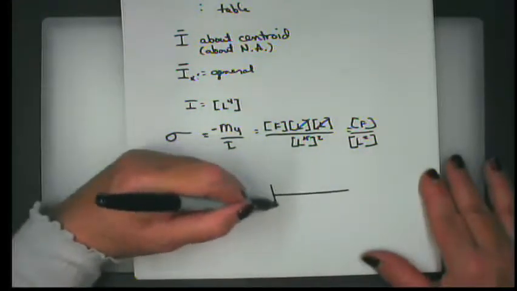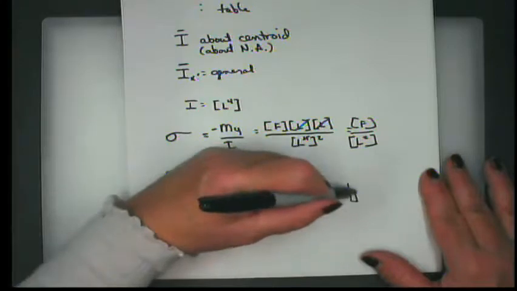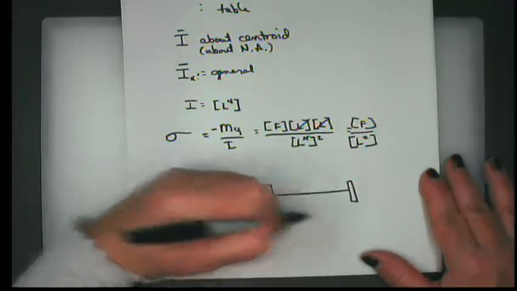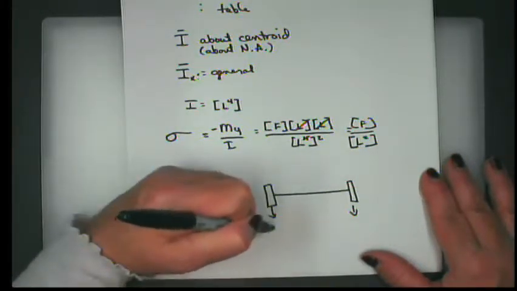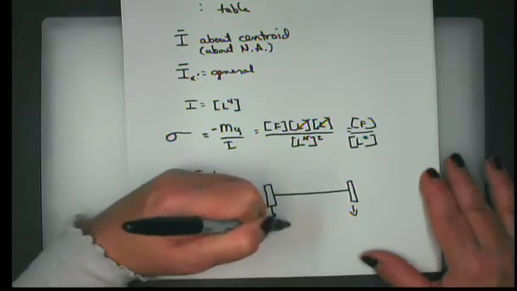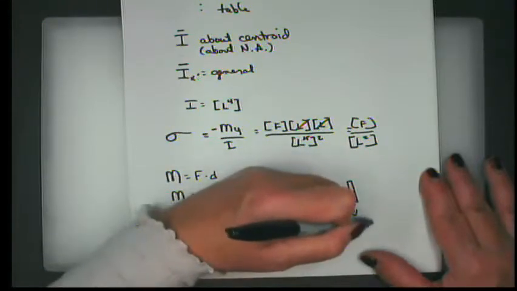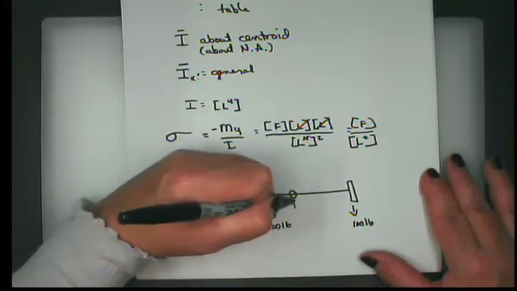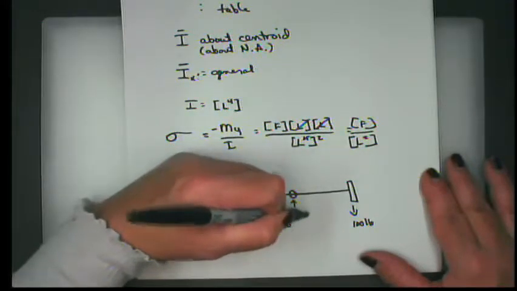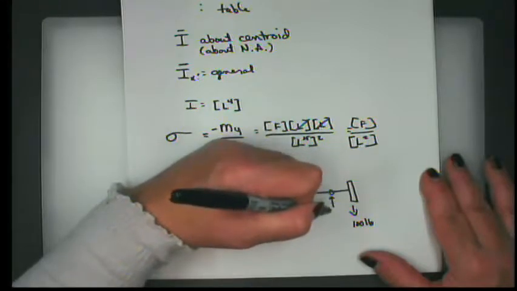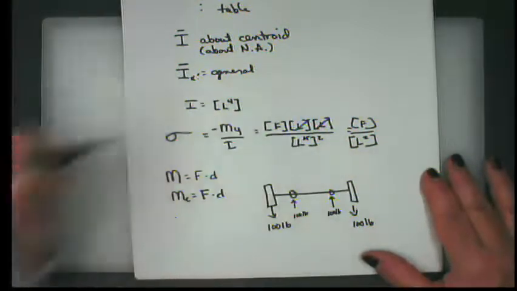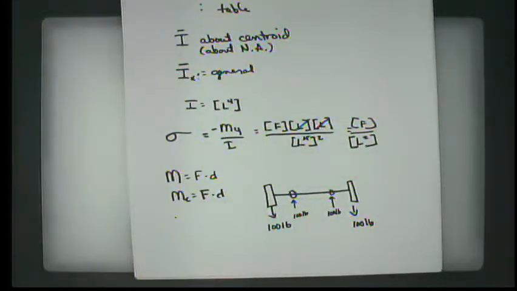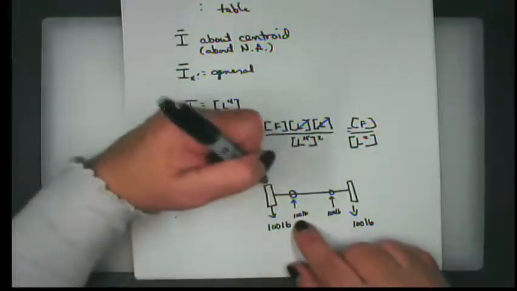So for example, if you have a weightlifter, once again, and the weights are pulling down with, let's say, 100 pounds, and the weightlifter's hands are pushing up with a force of 100 pounds. If it's not, something's going to give, right? The weight's going to rotate out of his or her hands, or it's going to fall to the ground. So it has to be like that.